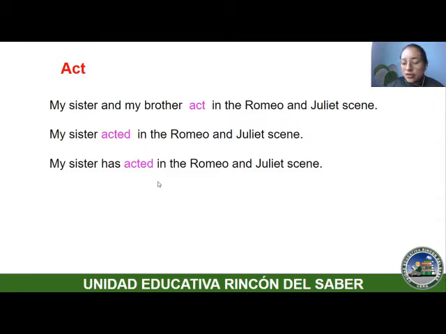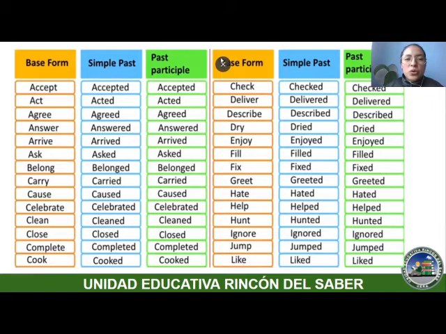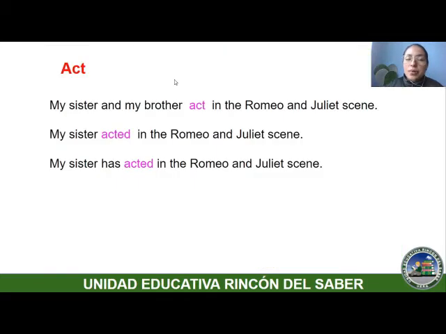Excellent. Remember, you have to use the third column or the past participle in present perfect and past perfect. Recuerde, usamos la tercera columna con el auxiliar has or have en present perfect or past perfect.